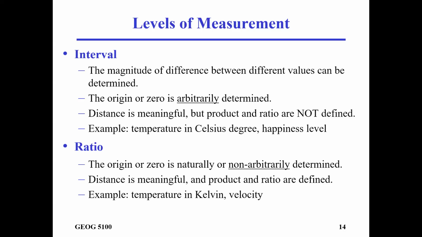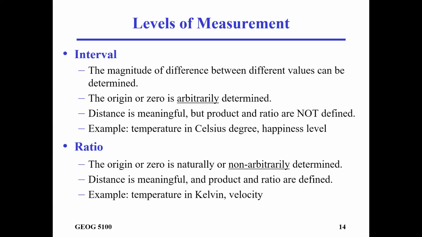Ratio is nonsense. Ratio doesn't make any sense. So this is interval data. But when we're talking about temperature in Kelvin degree, it's not interval data, it's ratio data, because the 0 in Kelvin degree is an absolute 0. When we say 0 K temperature, it means there is no temperature at all.